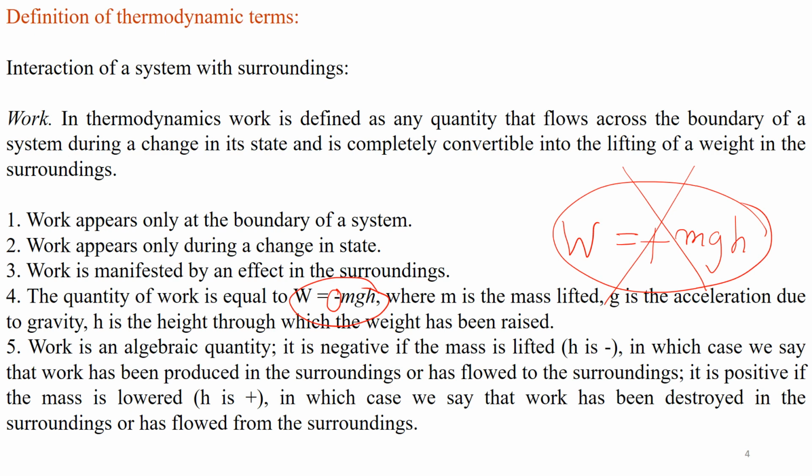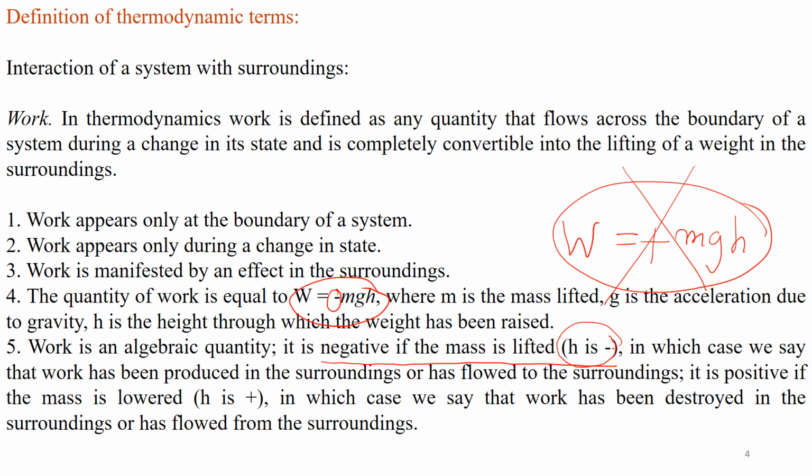We'll consider it as negative if the mass is lifted. This is very important, which means the height in this case should be negative, because the height we are lifting, but we'll take it as a negative quantity. We'll come back to it.